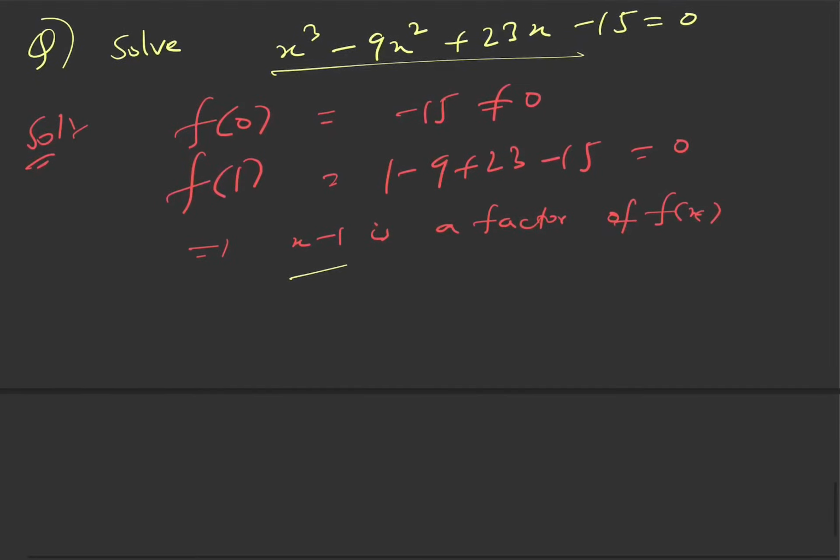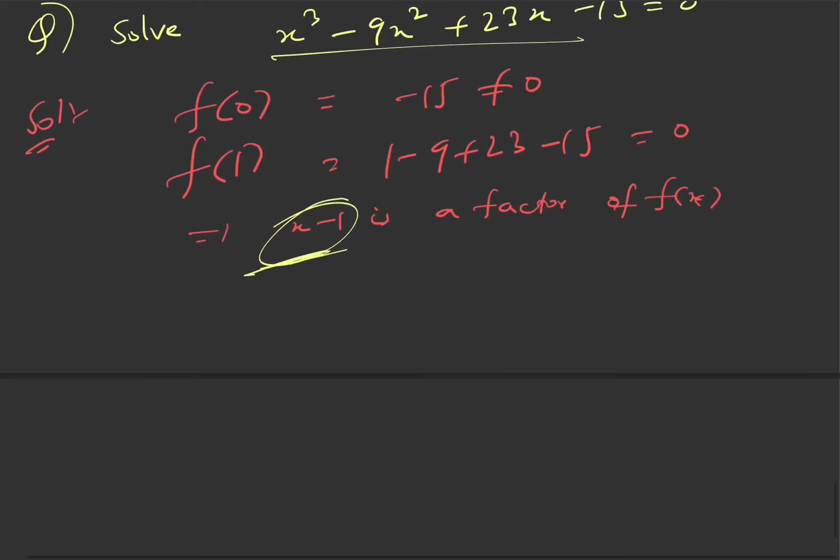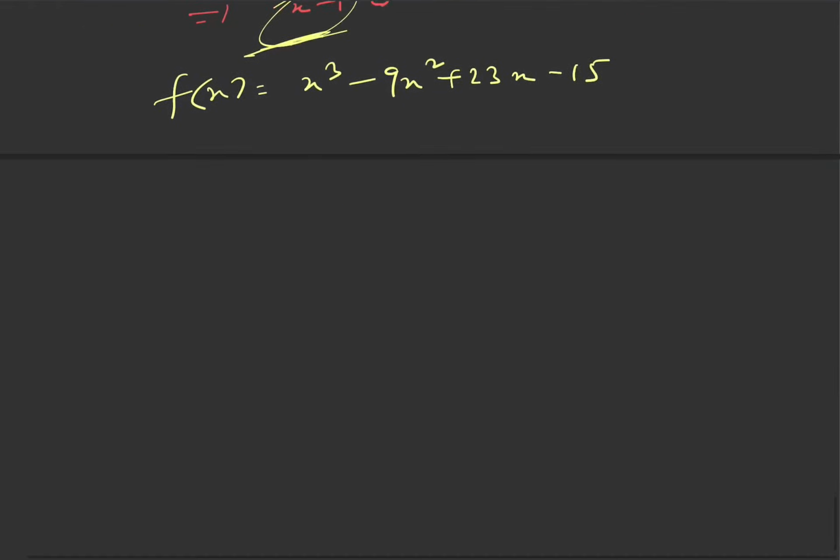So I am just telling you a shortcut to divide. If you want to divide f of x by a linear factor, then this is a shortcut. So you can try to learn this shortcut. This will be very useful. x cube minus 9x square plus 23x minus 15, right? So see, how will we divide is, you write the coefficients 1, minus 9, 23 and minus 15.